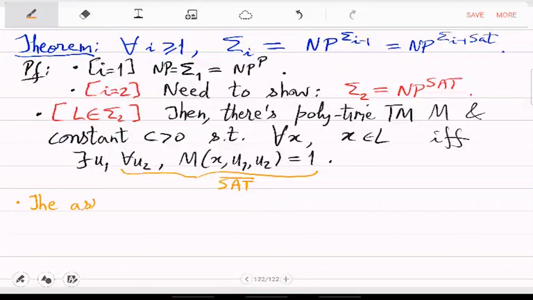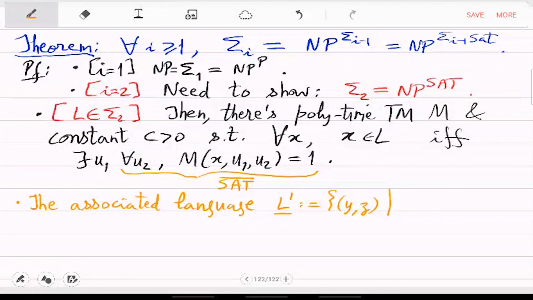So the associated language L prime, which is the set of strings (y, z) such that for all u2, M(y, z, u2) outputs 1. Right, so this language L prime, which we are just picking from this SAT bar part.